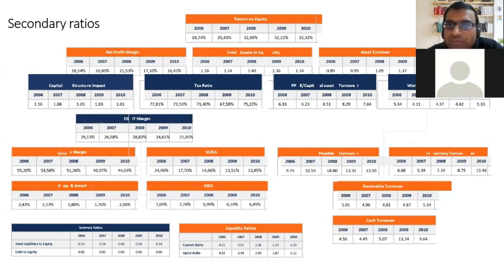So say you have 100 rupees of assets invested. Let's assume that there was no increase in the asset this year, but your sales have increased. So that means your assets are getting better utilized. So betterment of this ratio indicates that the utilization of the asset is better. You are not investing that much, but you are increasing your sales. Getting my point?